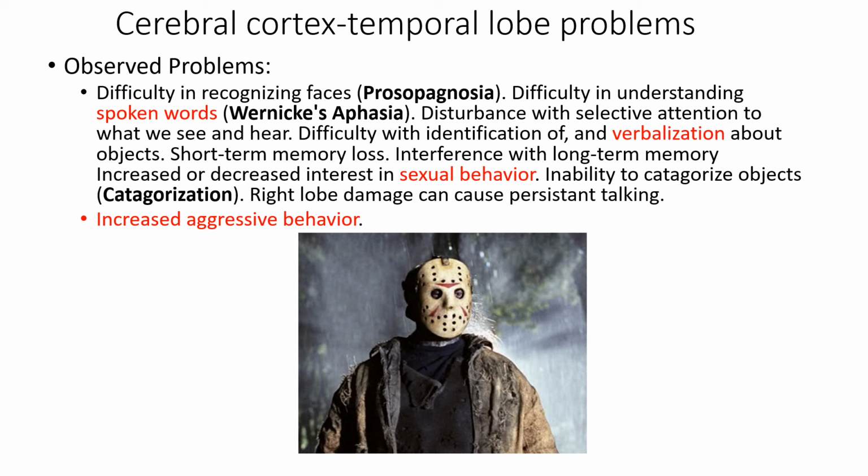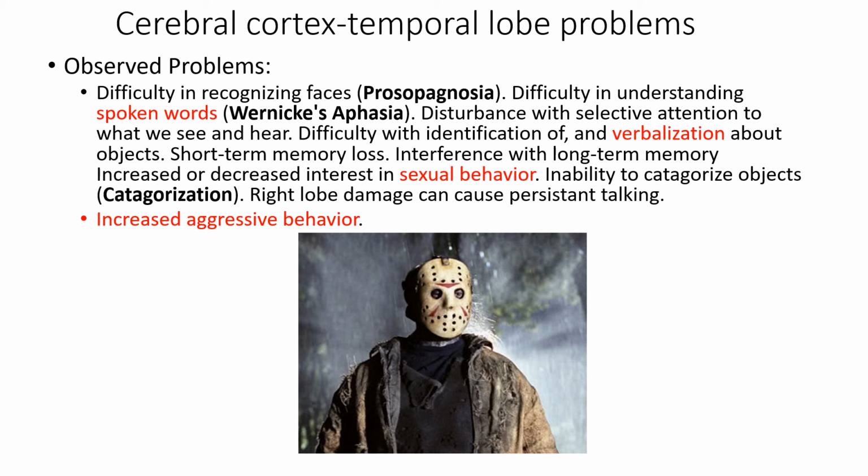You could have short-term memory loss. It can interfere with your long-term memory because your short-term memory has to be converted into long-term memory. So if you have short-term memory loss, those memories cannot be converted into long-term memory.